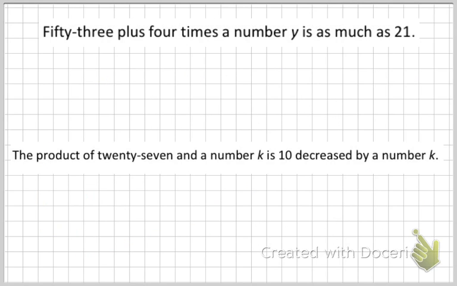Next, 53. Well, 53 is just a number. Plus is the operation. 4 is just a number. Times a number y.